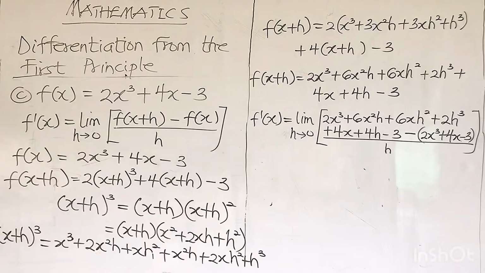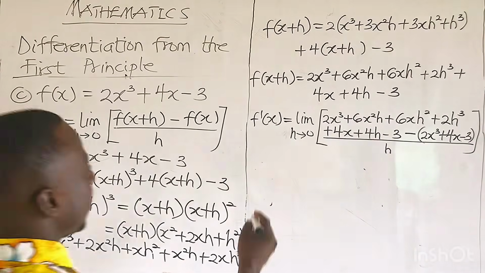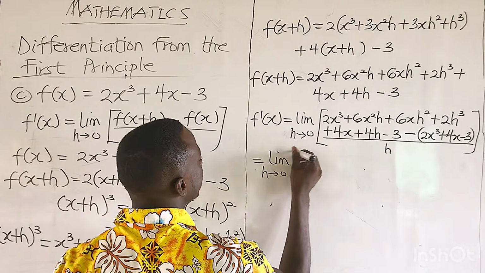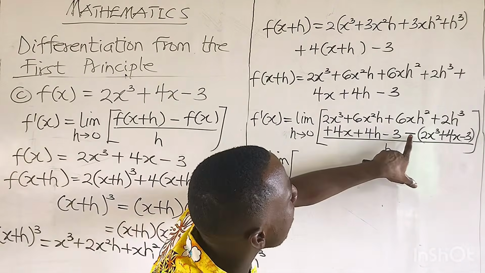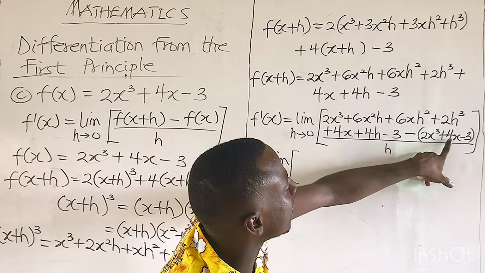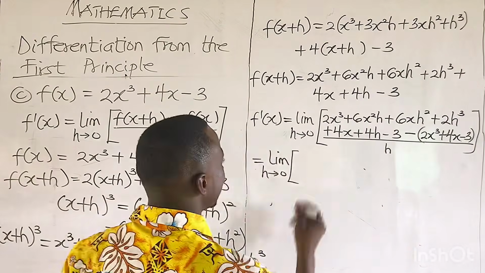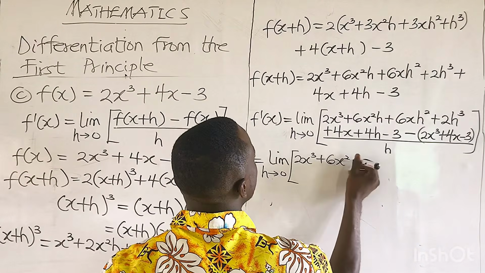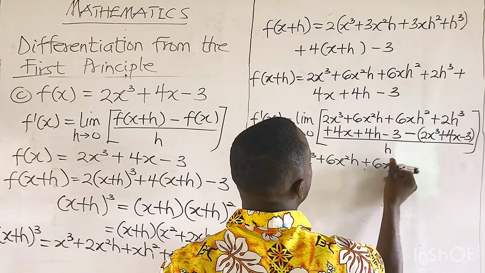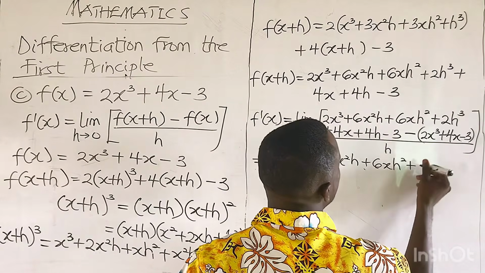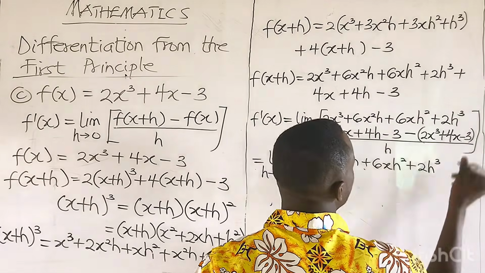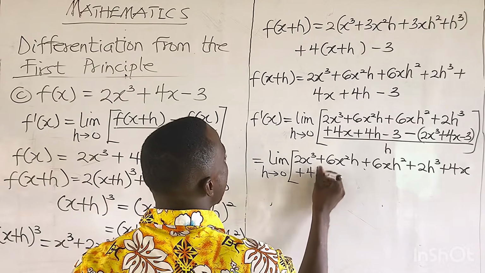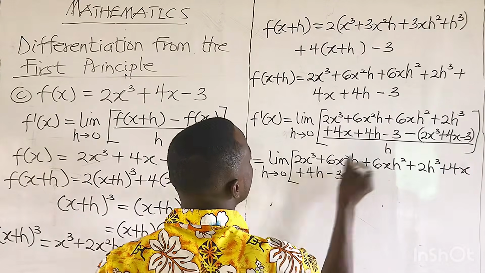After that, you have to evaluate them. So I still have limit as h approaches 0. Now, don't forget that the negative here must affect this, it must affect this, it must also affect this. So we have 2x cubed plus 6x squared h plus 6xh squared plus 2h cubed plus 4x plus 4h minus 3.